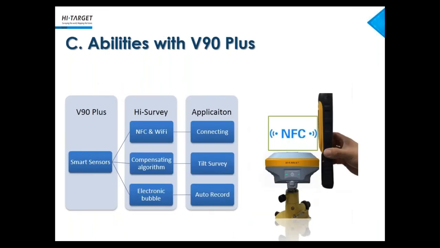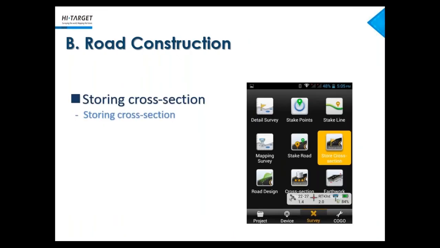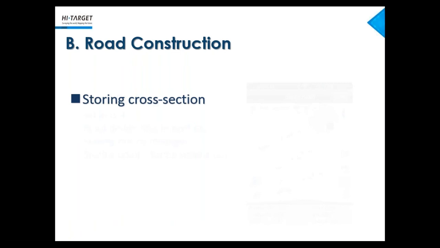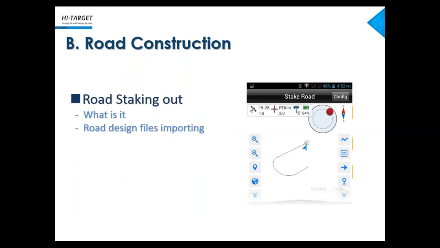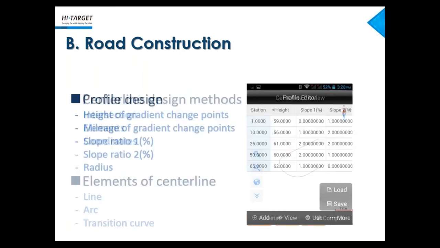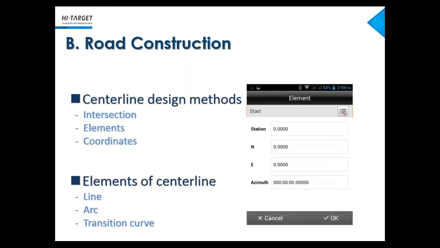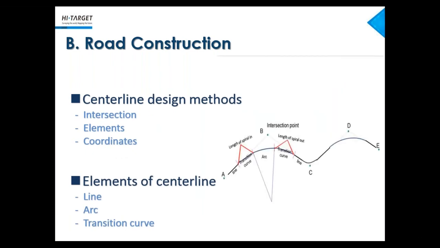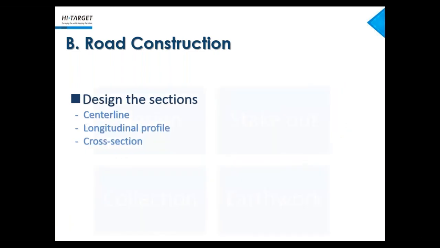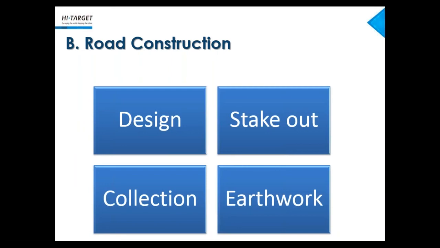Well, before we start the road construction, you need to prepare some files. We need to do the designs. What we need to design is the center line, the profile, and the cross section.